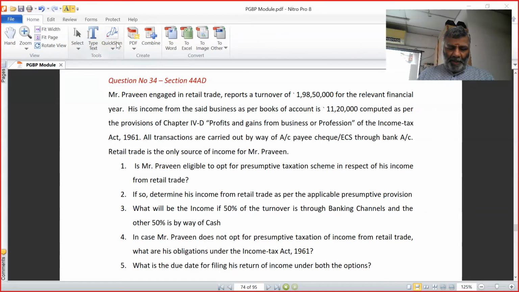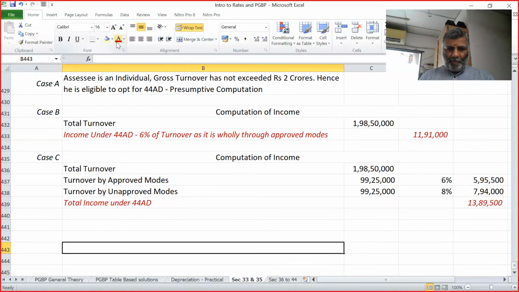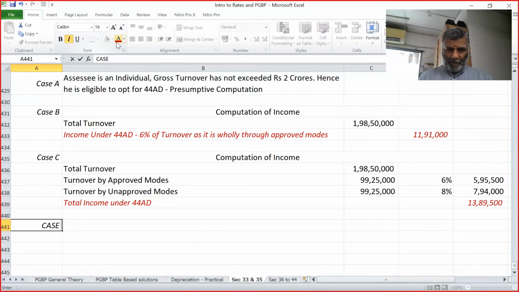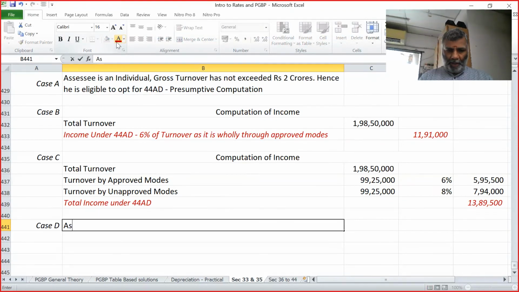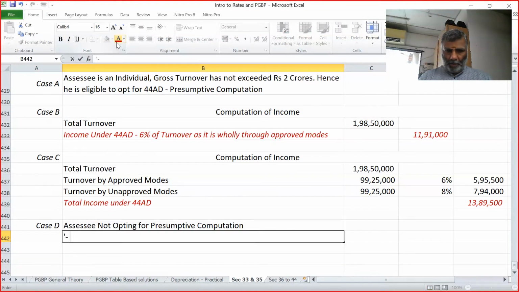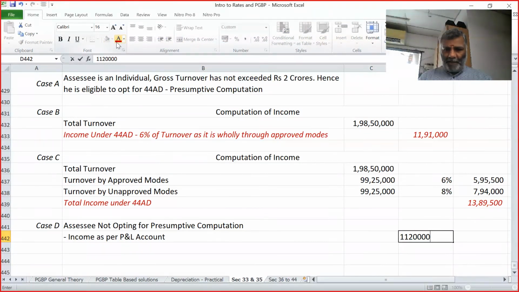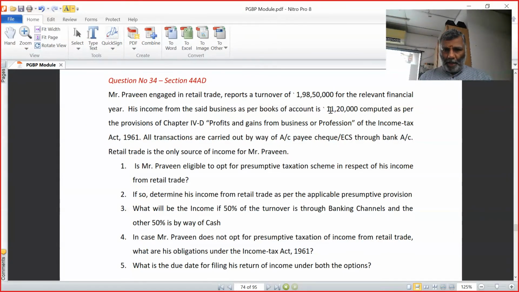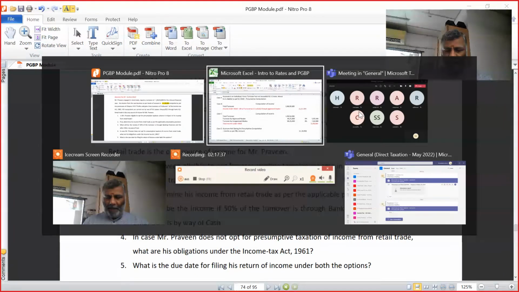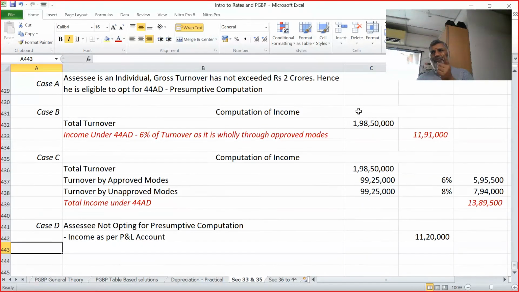Case D, assessee not opting for presumptive computation. Income as per P&L account which he has computed is 11,20,000, which is lesser than even 6%.